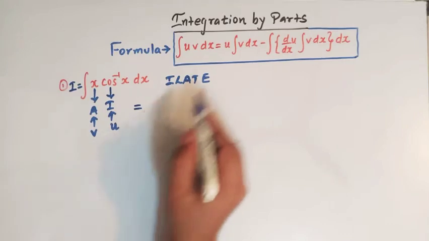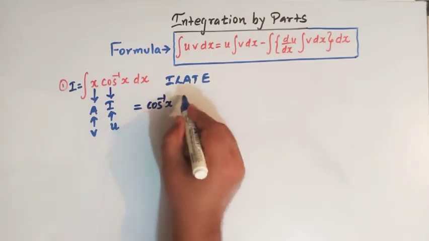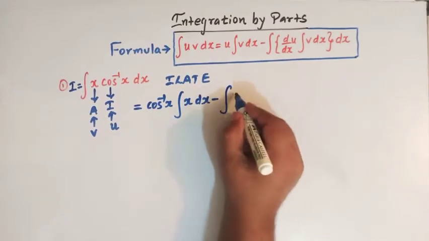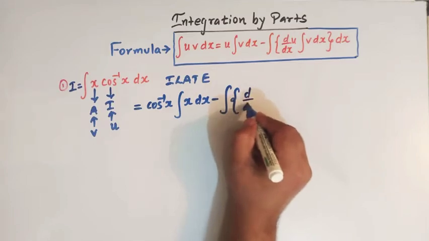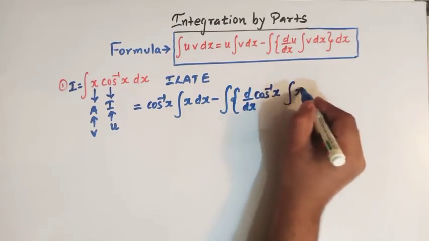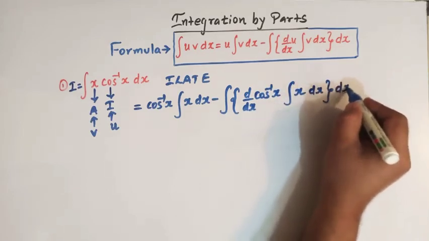So we get u is cos inverse x, then we have the integral of x, then we have the integral of the derivative of cos inverse x times the integral of x, and here we have dx.